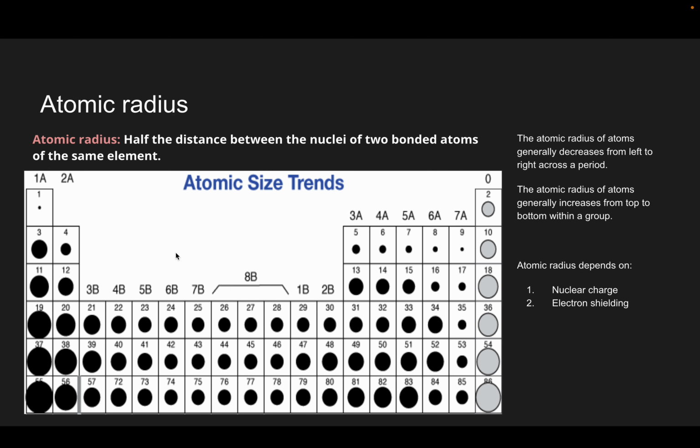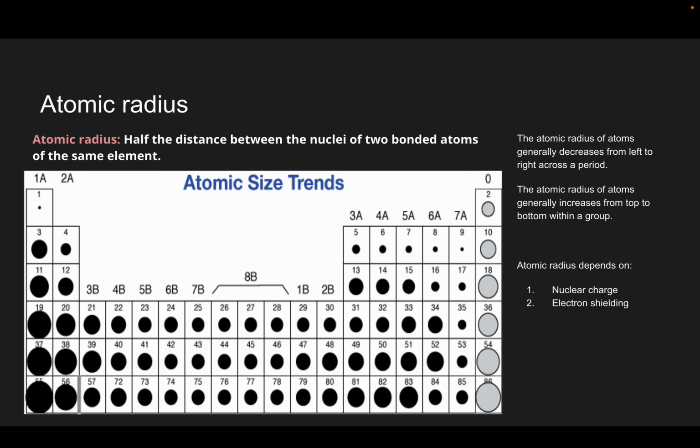This trend can be explained by two main points. First one is nuclear charge. It can be explained on the example of periods. As we go across a period from the left to the right, the atomic radius decreases. And the reason is that nuclear charge increases.